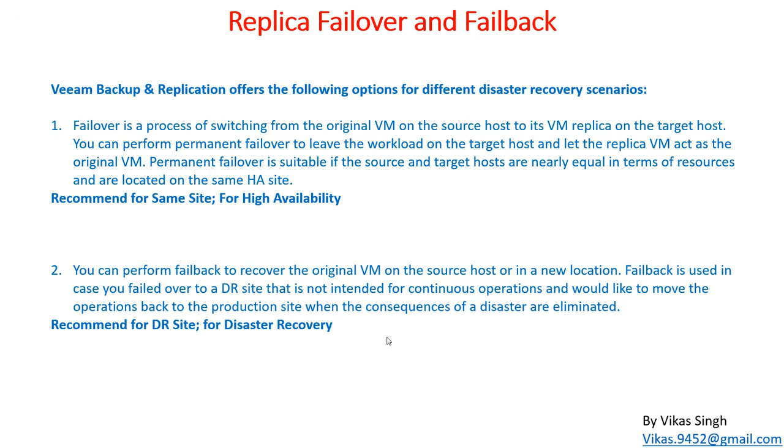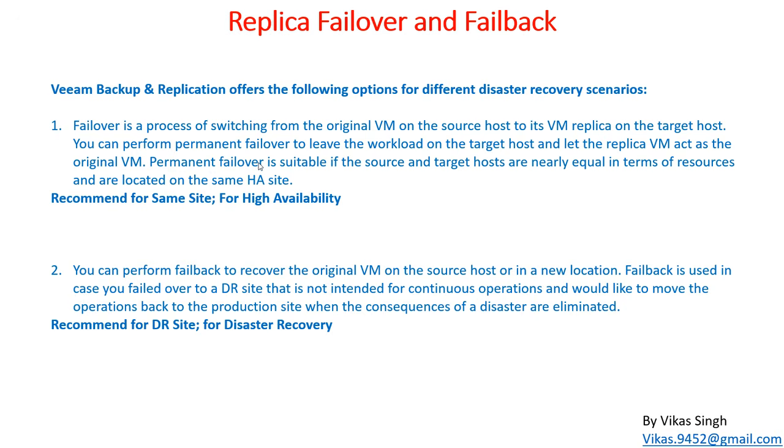So this is how we can use both failover and failback in Veeam Backup and Replication. Failback is basically recommended for the DR site in a disaster recovery plan, and failover is basically recommended for the same site for high availability.